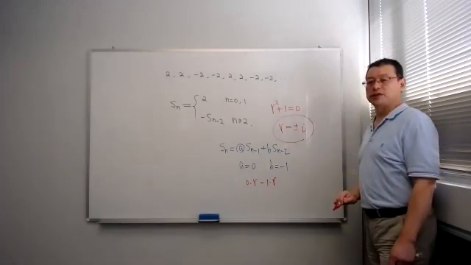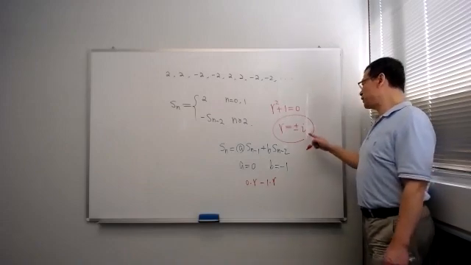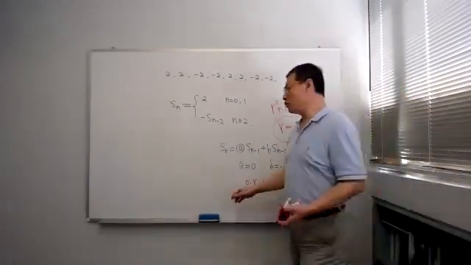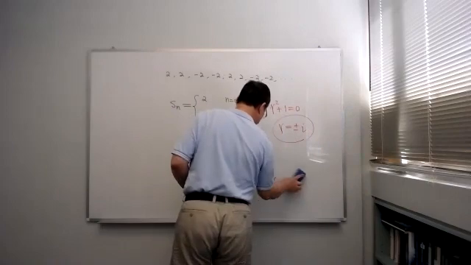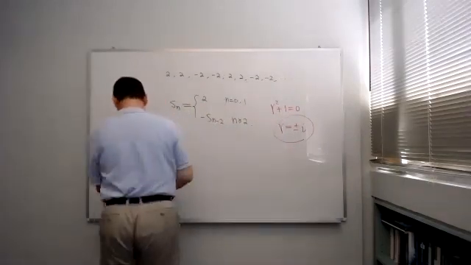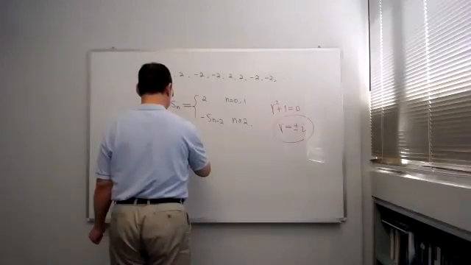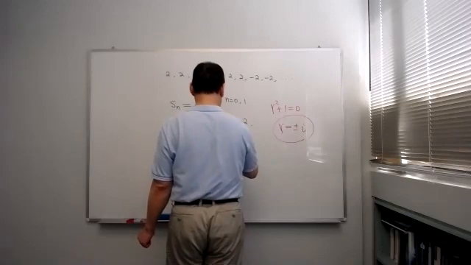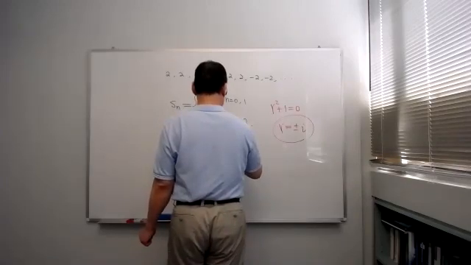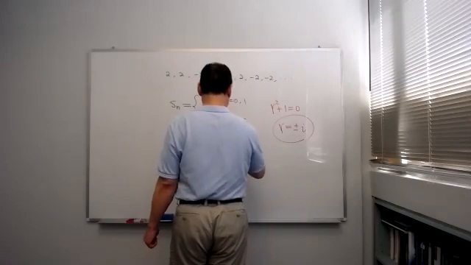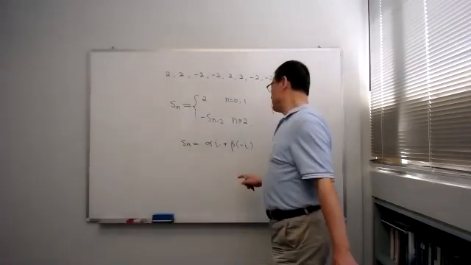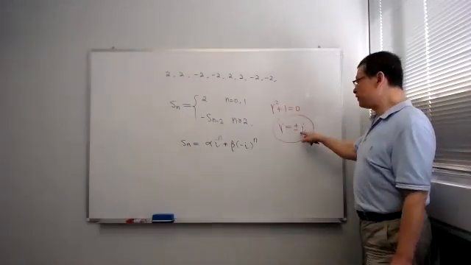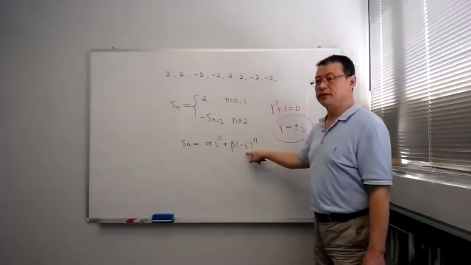In this case, we use i and minus i as roots. Then its solution will be of the following form, this raised to the power n. So it has two different roots, and the solution will be of this form.